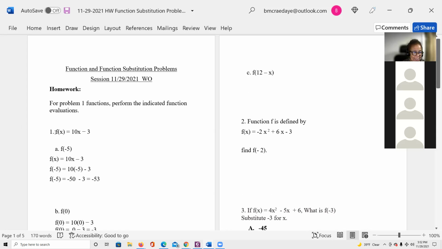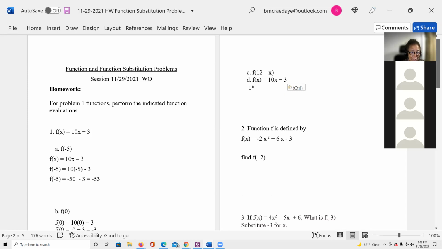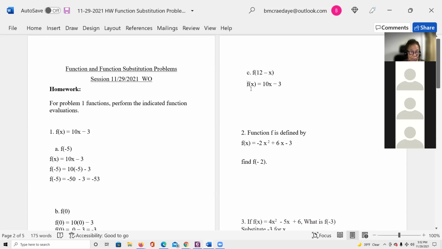And remember, we're still using the same function, except now our x is 12 minus x. So f of x will be f of 12 minus x.